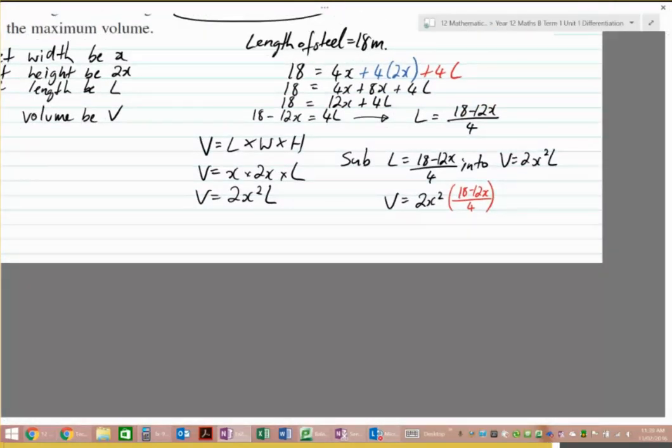It's really ready to differentiate now. I can do some simplifications though before I start differentiating. I'm multiplying one thing by a fraction. I can imagine that this is divided by 1, and multiply the two top lines. So it'll be 2x squared times 18 minus 12x, divided by 1 times 4, which is 4. And from here I'll be able to do some cancellations.